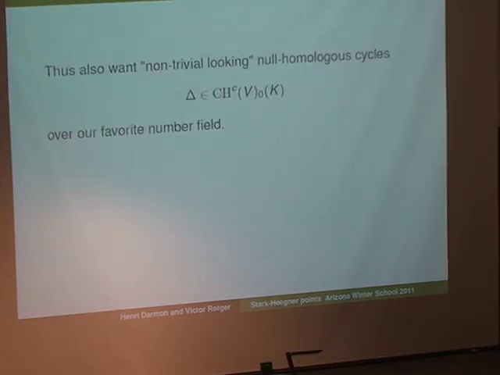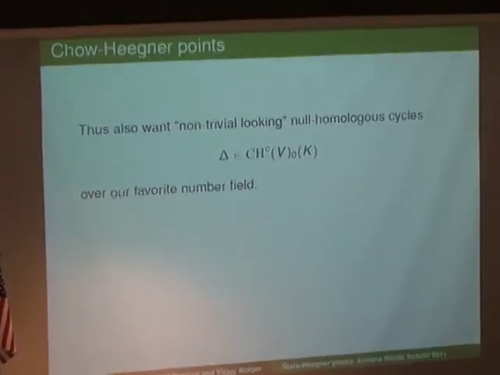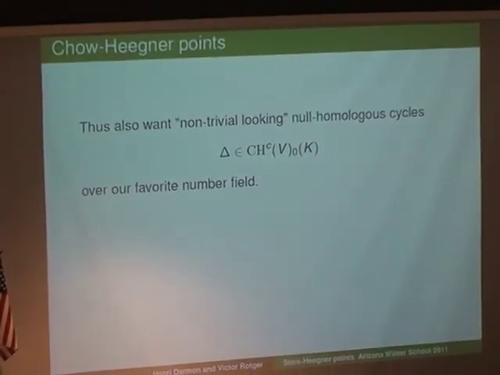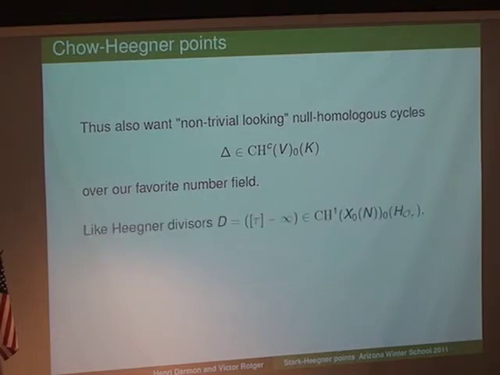So you want to be able to construct, as we did for Heegner points, cycles on this variety. You want to choose a nice variety V over which you know how to construct nice cycles, which you know are defined over the number field you are interested in. Since I'm running out of time, let me skip a little bit.